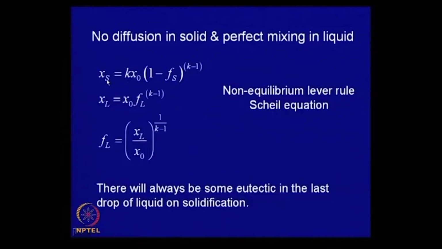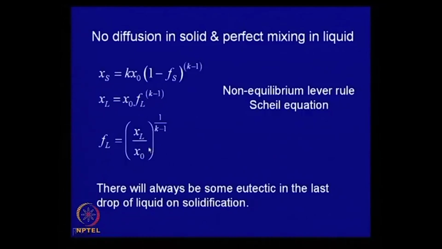That is, the first equation gives the concentration of solute in solid as a function of fraction transformed, and this is for the liquid, concentration of solute in the liquid as a function of fraction liquid. 1 minus F s is actually fraction liquid.